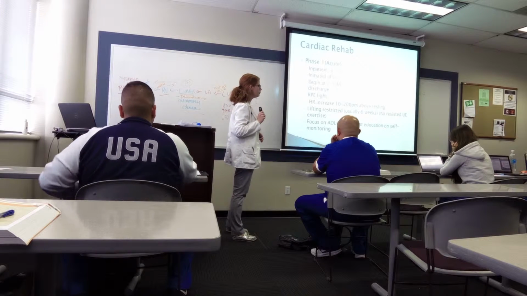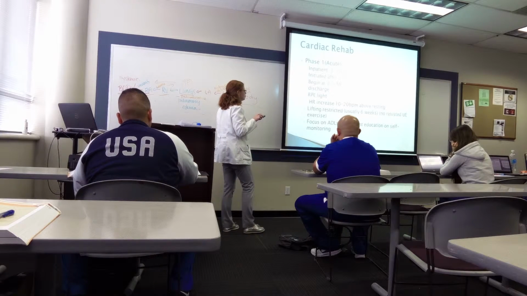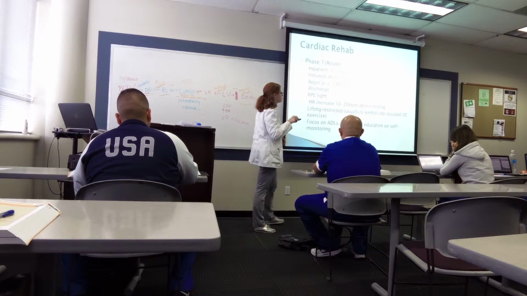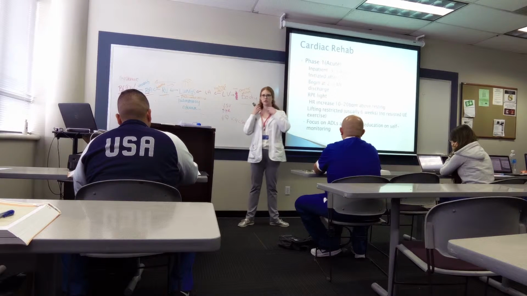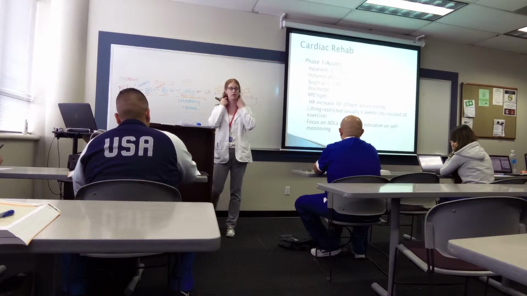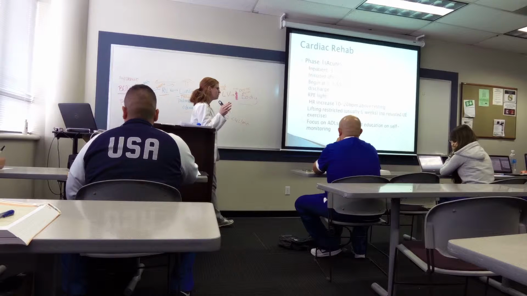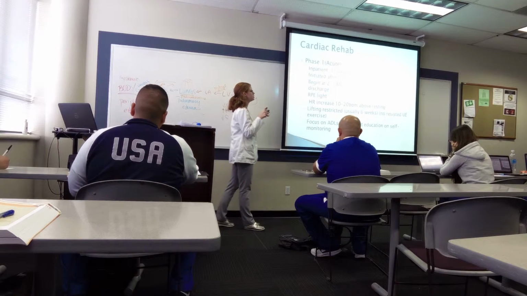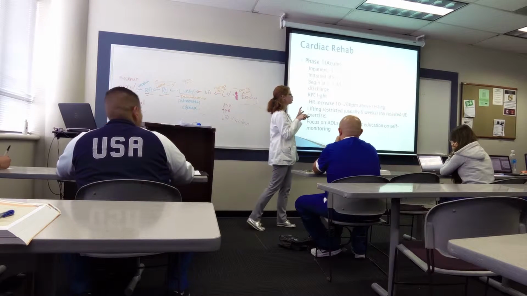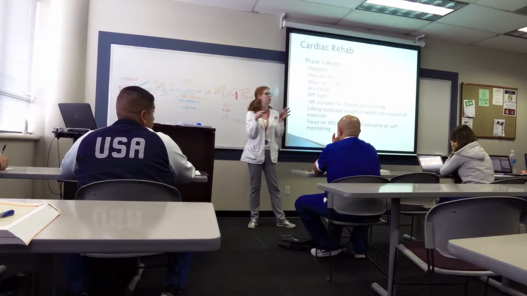If you can use heart rate as a measure, you do not want it to go 10 to 20 beats above resting. So no matter what, whether they're on medication or not, whatever you do with them, their heart rate should not increase greater than 10 to 20 beats per minute above resting.